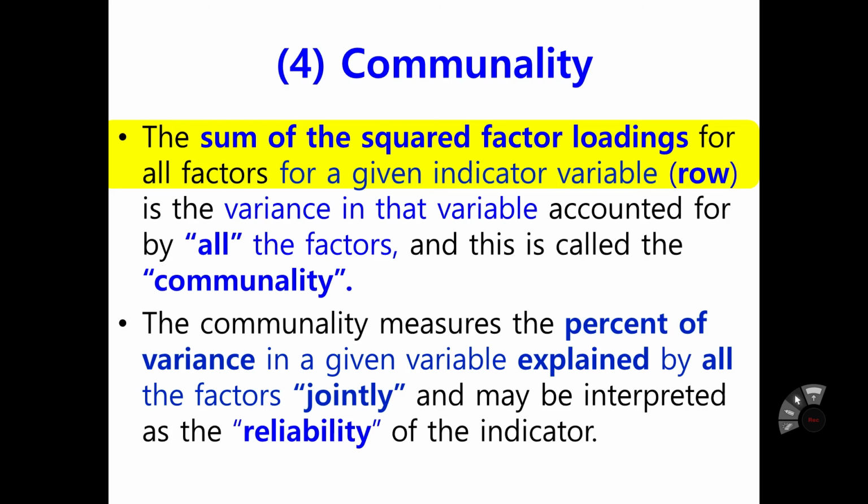The communality measures the percent of variance in a given variable which will be explained by all the factors jointly, and may be interpreted as the reliability of the indicator. So if you have a high communality, it represents that the variable used as indicator is very reliable.